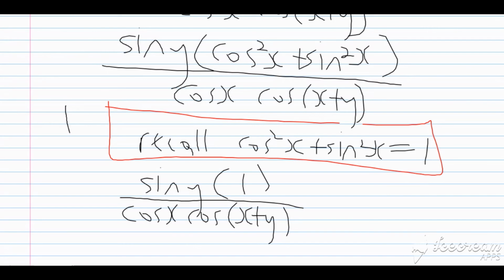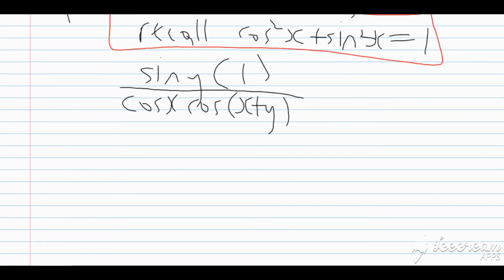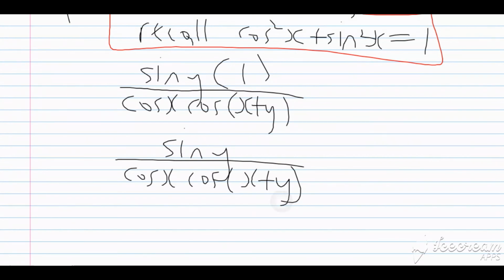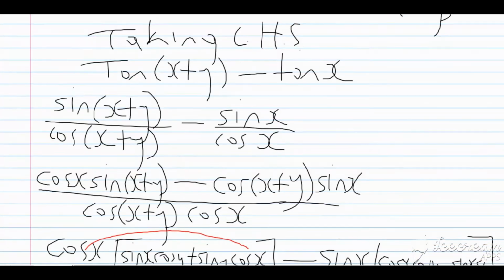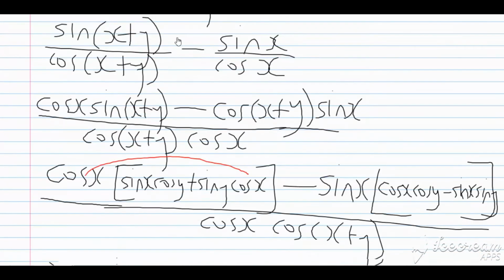And because 1 is a multiplicative identity, 1 multiplied by sine y will ultimately give me sine y over the cosine of x times the cosine of x plus y, which if I go back up, that is exactly what we wanted. That is what we have on the right hand side.